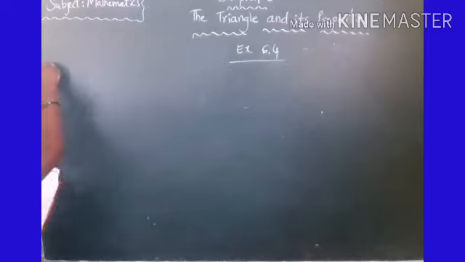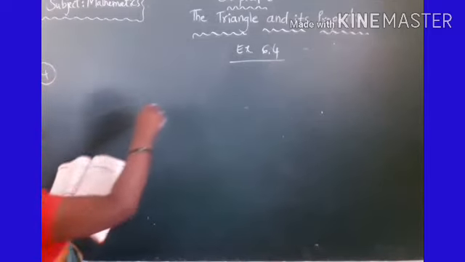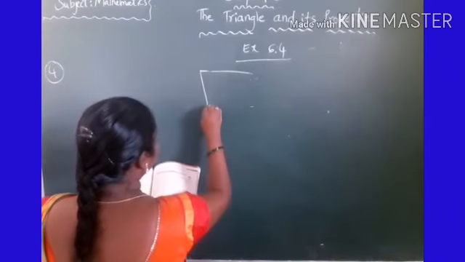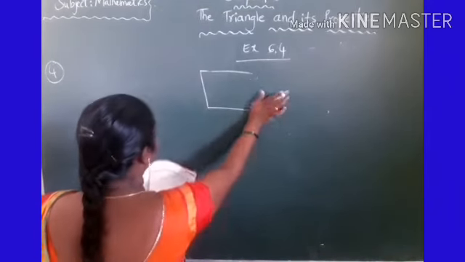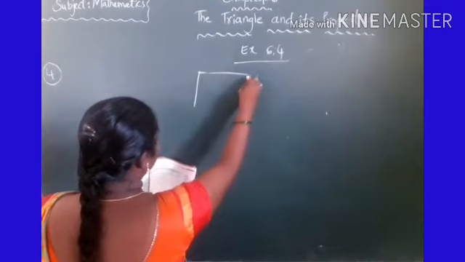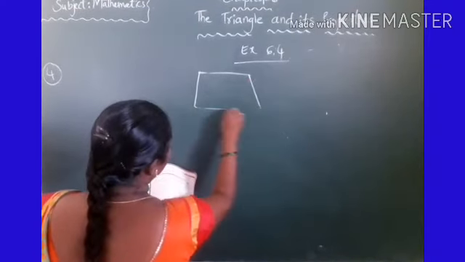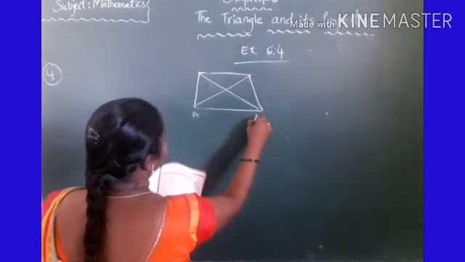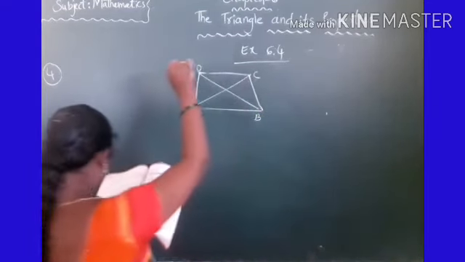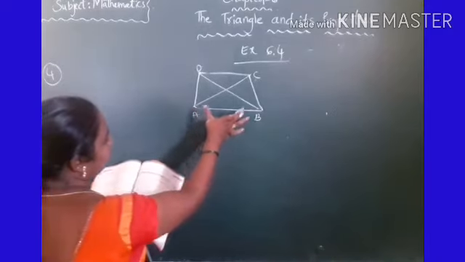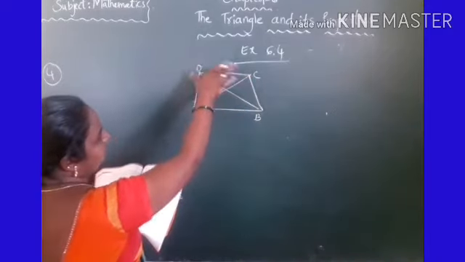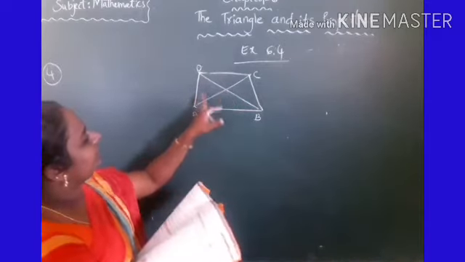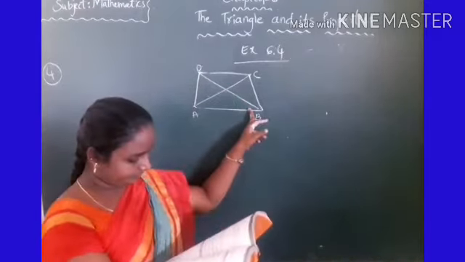Fourth question. ABCD is a quadrilateral. Is AB plus BC plus CD plus DA greater than AC plus BD?